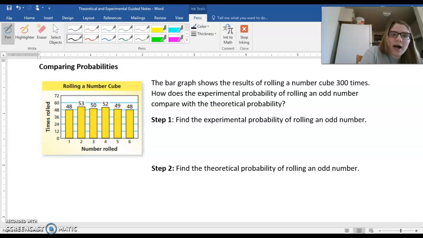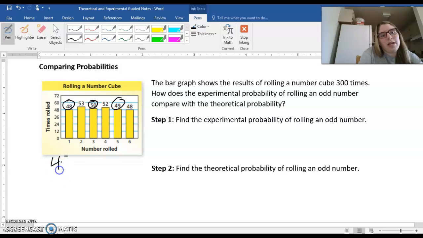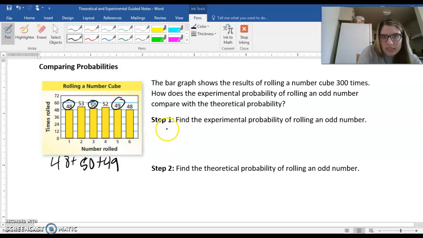For rolling an odd, I had 48 times for 1, 50 times for 3, and 49 for 5. So 48 plus 50 plus 49 gives me 147. I have 147 out of 300 rolls.